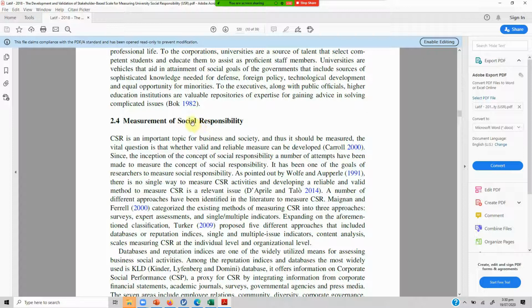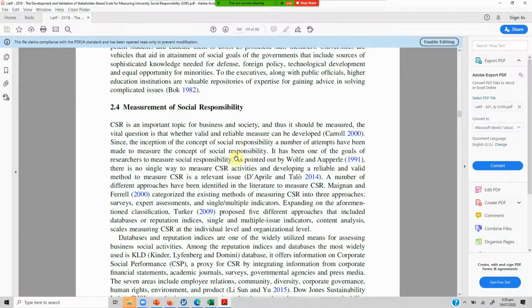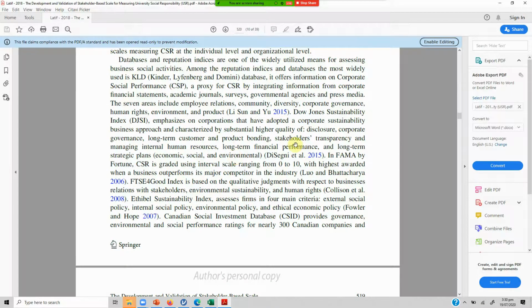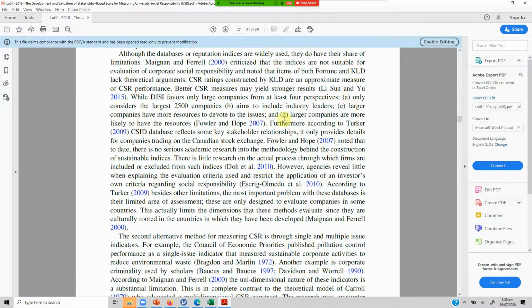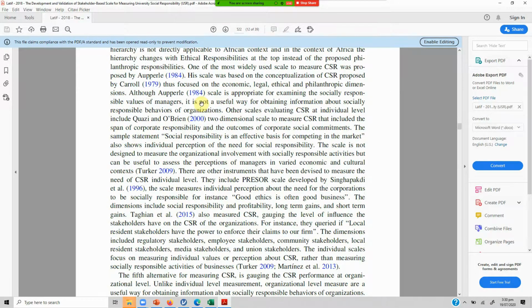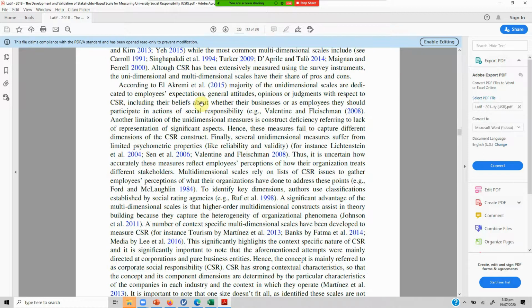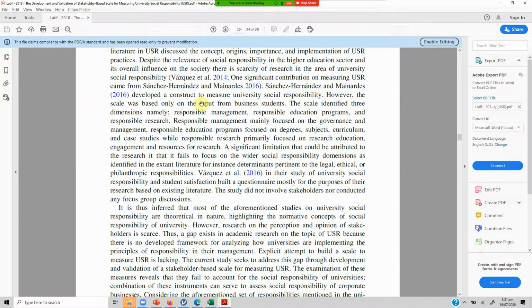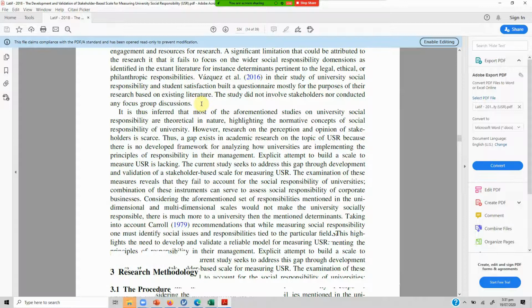How has existing research measured social responsibility? What are the limitations? What scales are available? And why is there a need for more scales? What are the limitations of these scales? All this in greater detail. Maybe in this case there were many more pages because the reviewer asked for more detail.